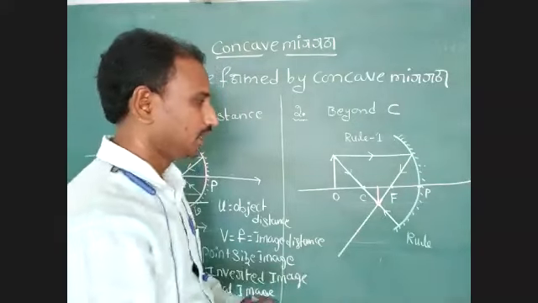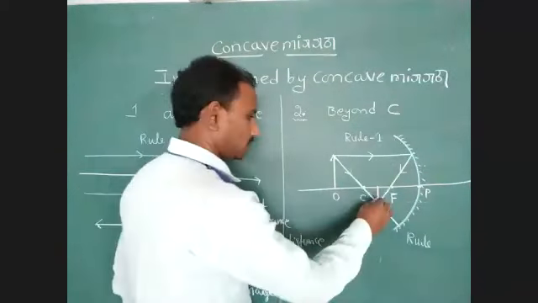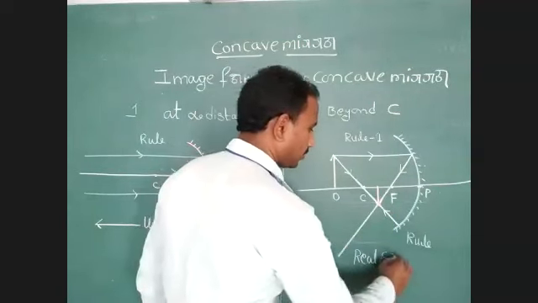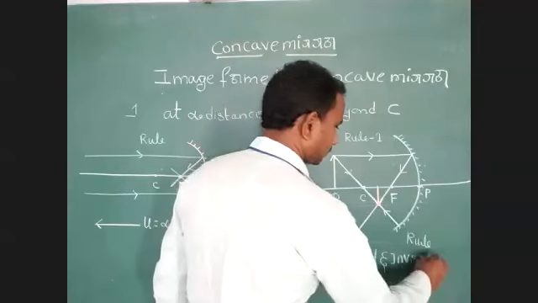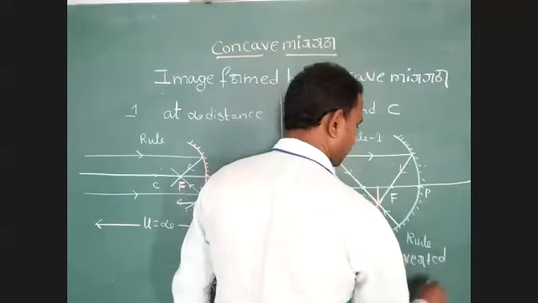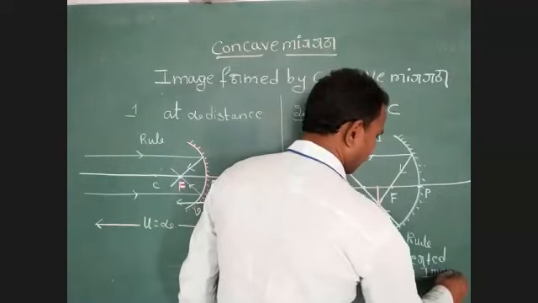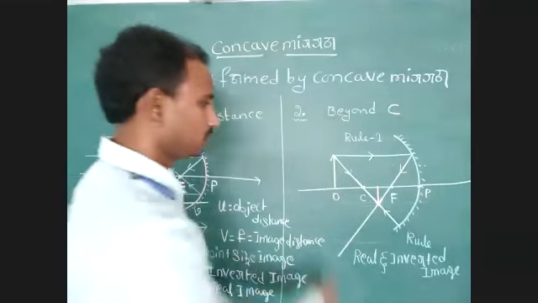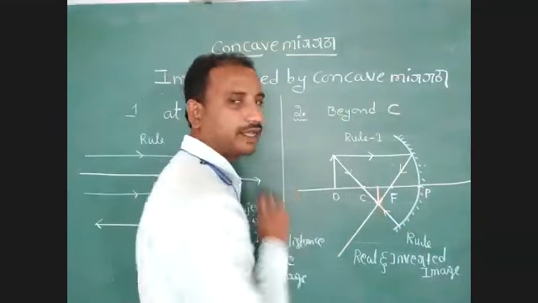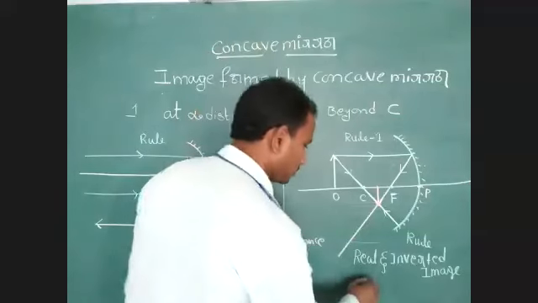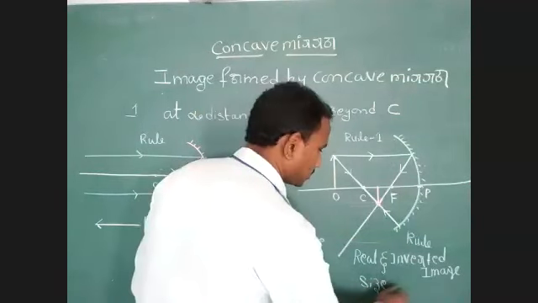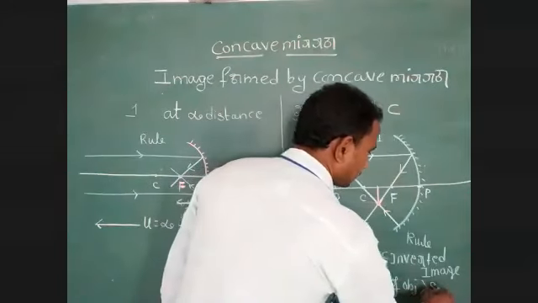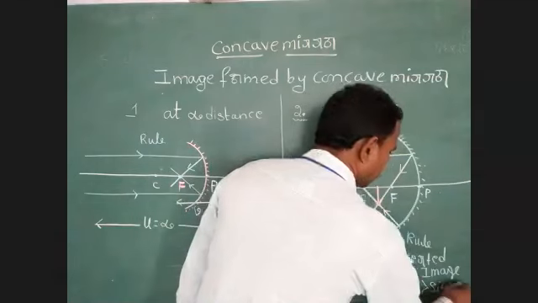Note down the characteristics of the image. This image is real and inverted. Here the size of the object is more than the size of the image.